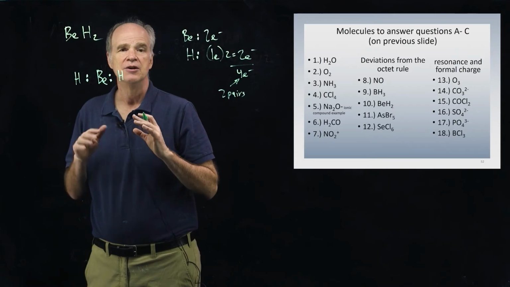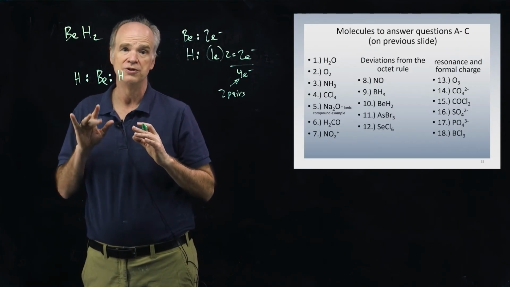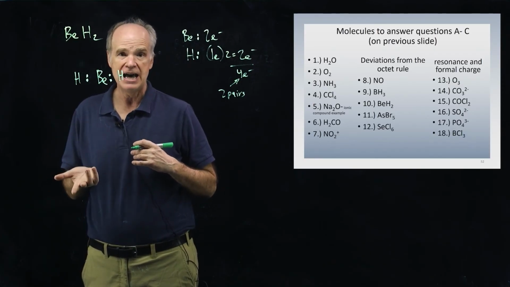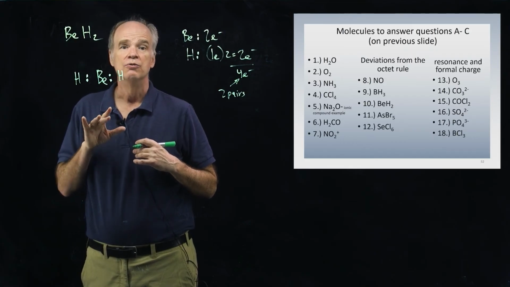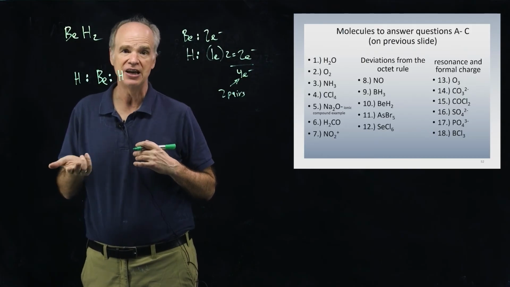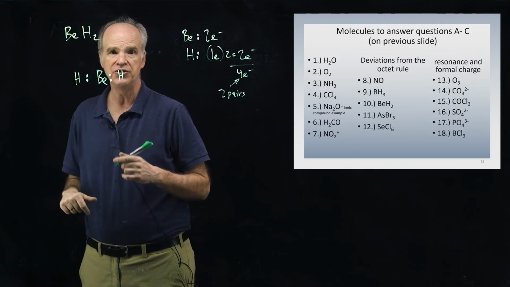The reason is beryllium is an atom in the group 2 column. And if you have atoms in group 2, then those atoms are stable with a number of electrons that's less than an octet. And so in this case, beryllium will be stable with 4 electrons. So this is a stable structure.